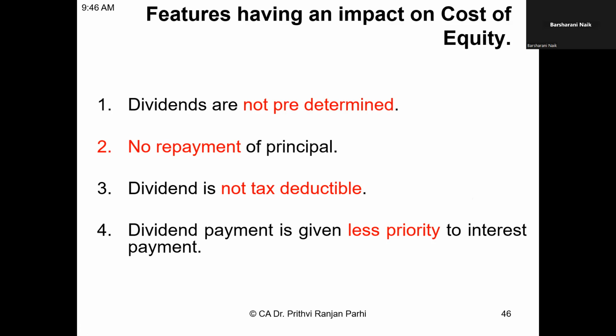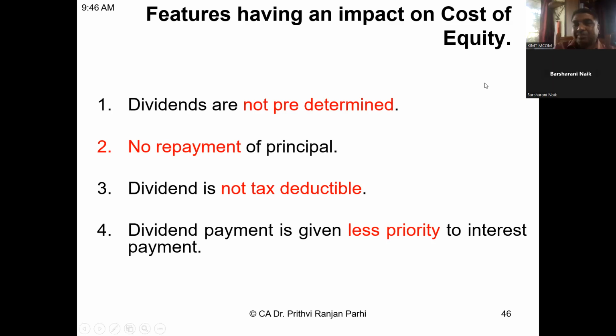If there is some payment due to the outsiders, that is paid first. इसका मतलब पहले बाहर लोगों को सारी दे देंगे, फिर जो बचता है उसको हम आपस में बांट लेंगे, वो है डिविडेंड. ठीक है. These are some of the features, and we need to understand them because they will have an impact on the computation of cost of equity.